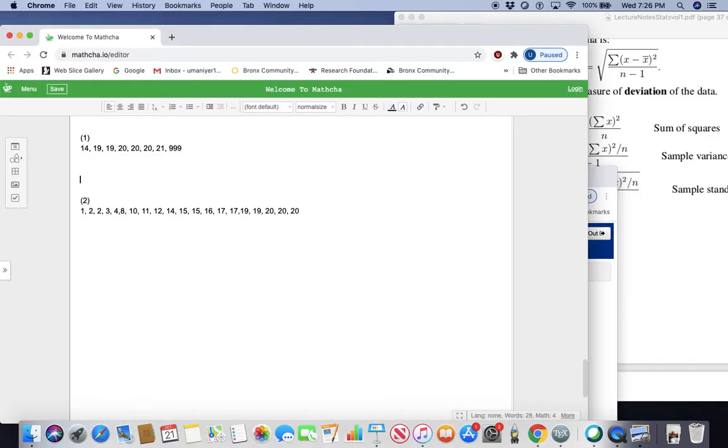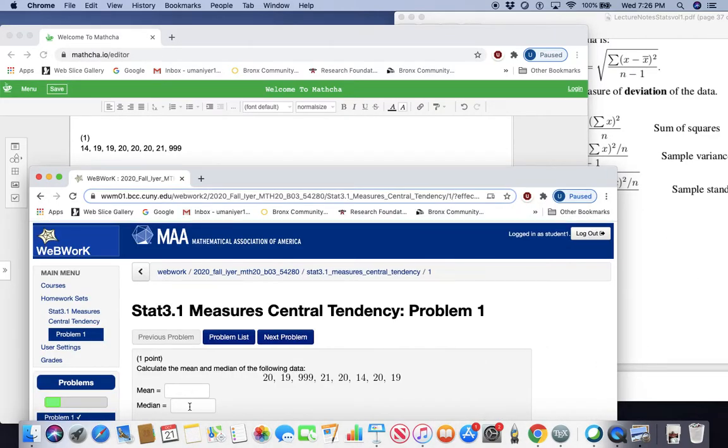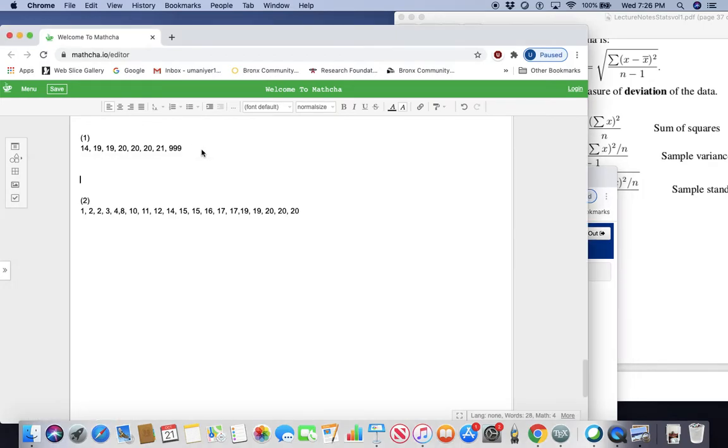So question is, first let me handle the median. Median is the middle number. So how many numbers are here? 1, 2, 3, 4, 5, 6, 7, 8. So if I had to go for the middle number, it would be somewhere here, you see, because 4 on this side and 4 on the other side.